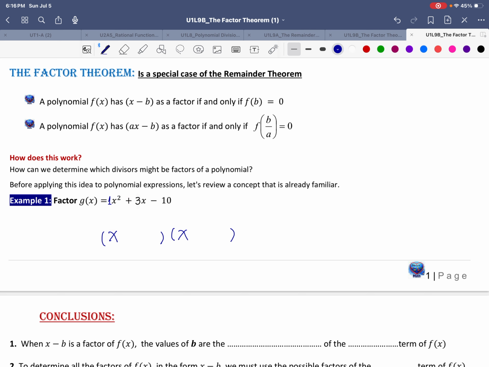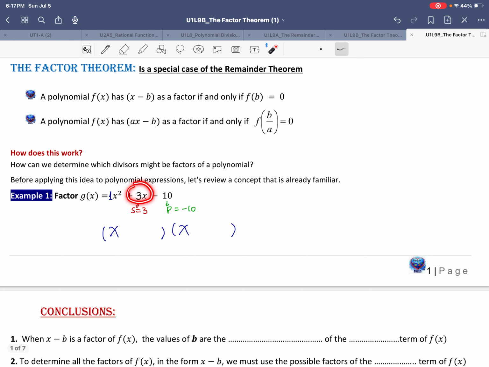Next, we have to figure out two numbers that have a sum of 3 and a product of negative 10. We always start with the product, and since the product is negative, the two numbers must be opposite in sign. And since the sum is positive, the bigger number is the positive one.